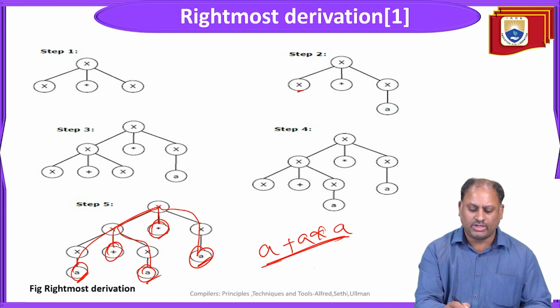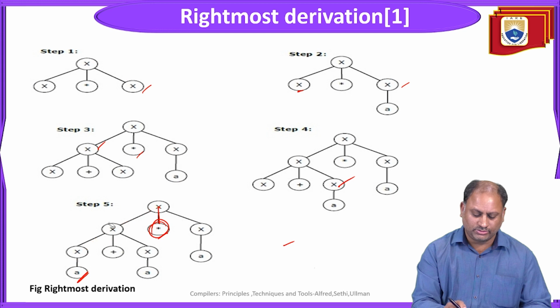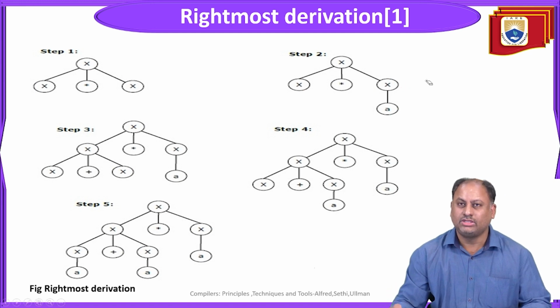So here keep in mind that the rightmost non-terminal is to be replaced and substituted with the corresponding sentential forms, and the resultant string is obtained as a rightmost derivation.